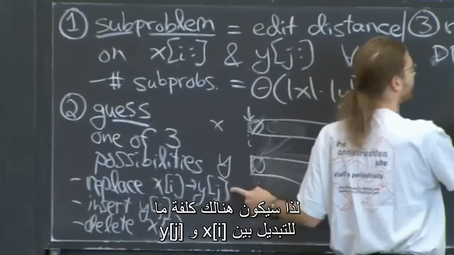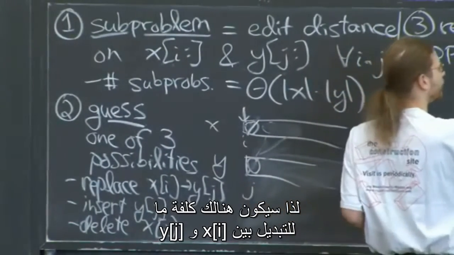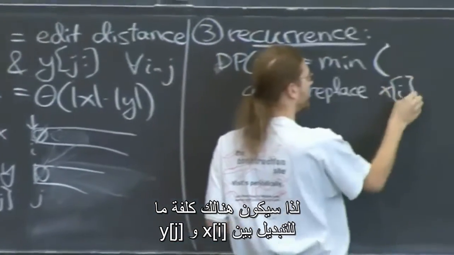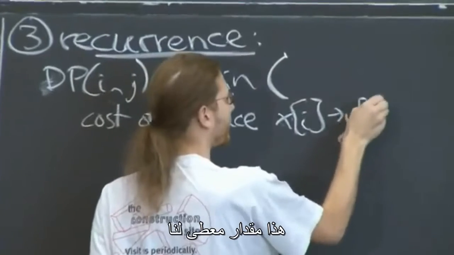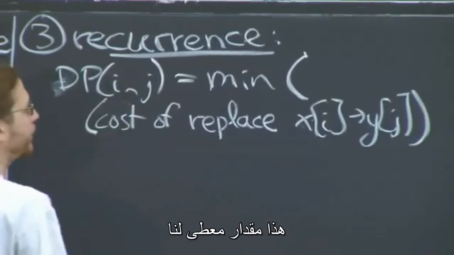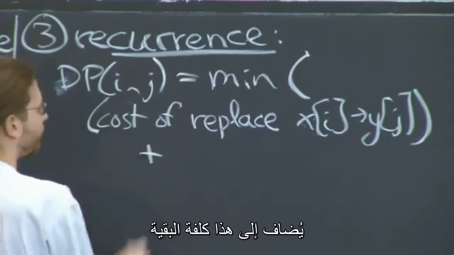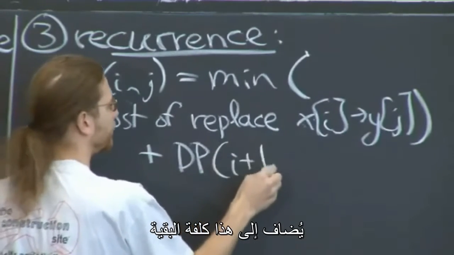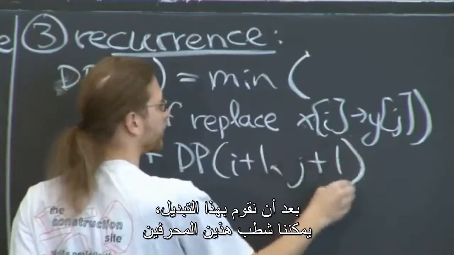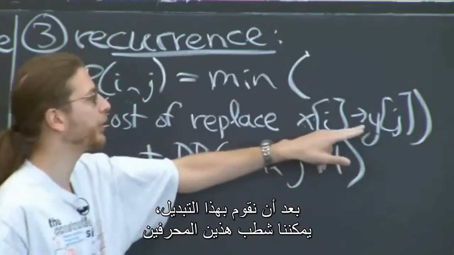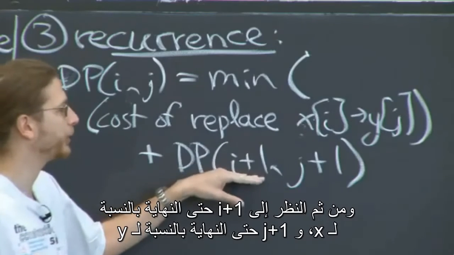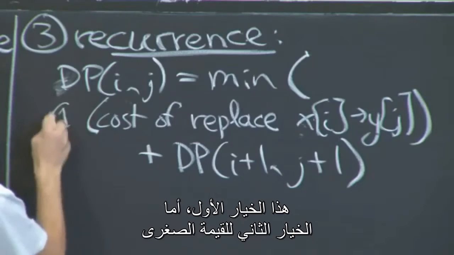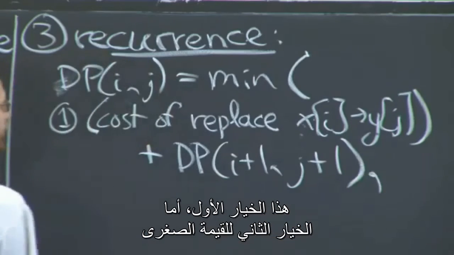So it's going to be some cost of the replace from xi to yj, a quantity which we're given, plus the cost of the rest. After we do this replacement, we can cross off both those characters. And so we look at i plus 1 onwards for x and j plus 1 onwards for y. So that's option 1. Then comma for the min.